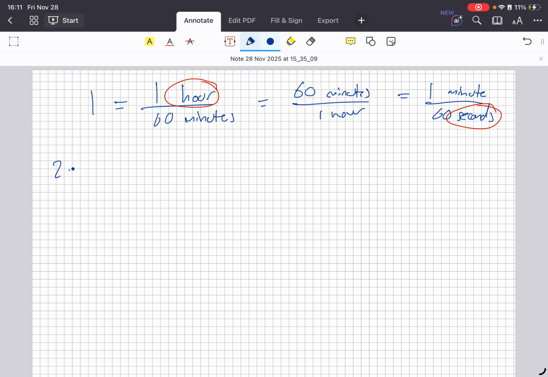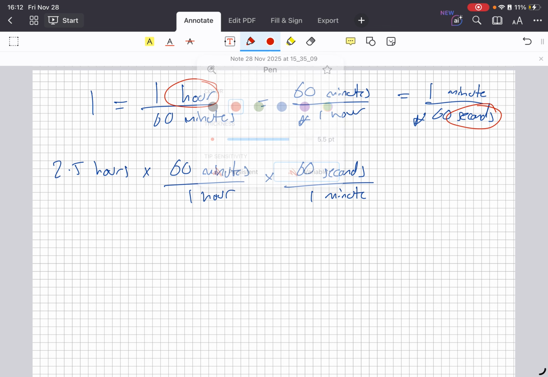So for instance, if we take our 2.5 hours and we want to express that in seconds, we can multiply by this relationship here. So 60 minutes divided by 1 hour, because that's just equal to 1. And we can multiply by this relationship here. 1 minute, or sorry, it was actually the inverse of that relationship, it'd be 60 seconds divided by 1 minute, because that's also equal to 1.